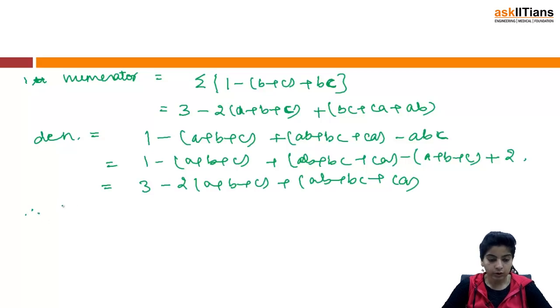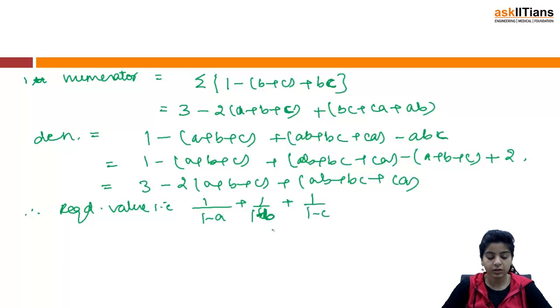So the required value, that is 1 by 1 minus a plus 1 by 1 minus b plus 1 by 1 minus c, would be equal to 3 minus twice, this is the numerator, this is the denominator that we have obtained, so we'll just divide both.